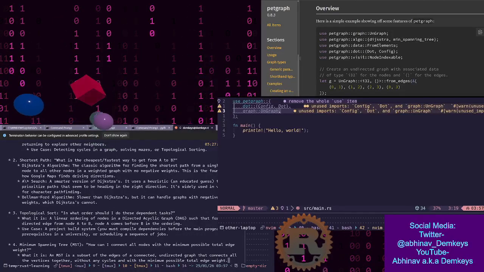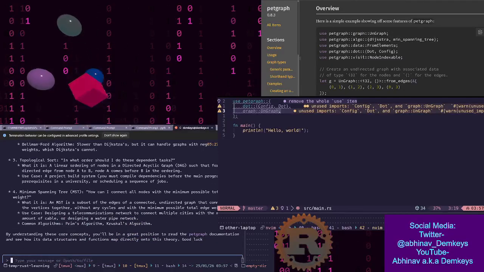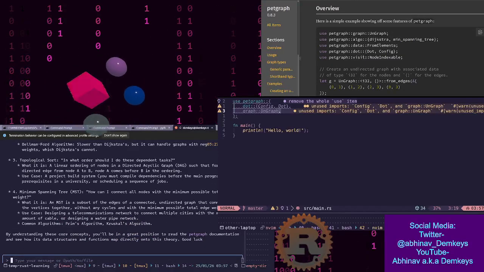Then topological sort. In what order should I do these dependent tasks?